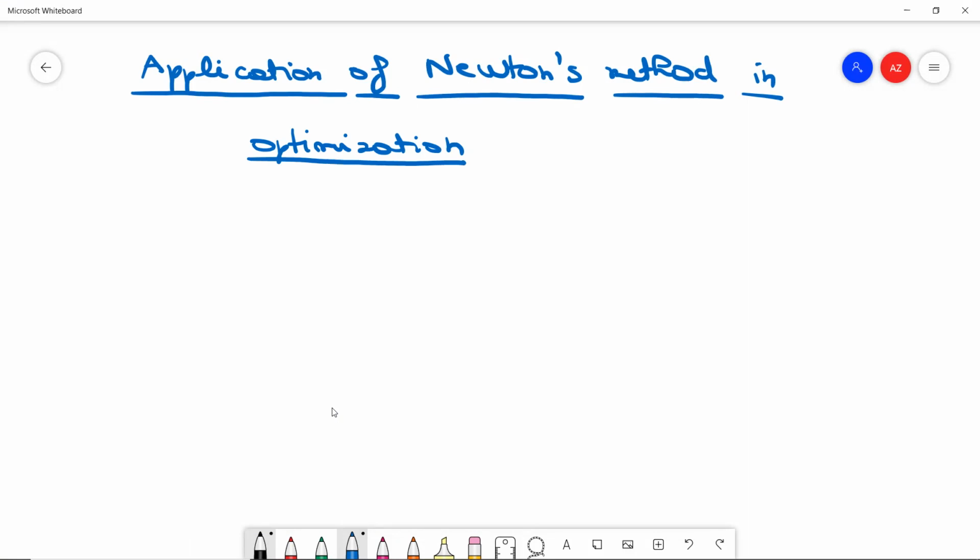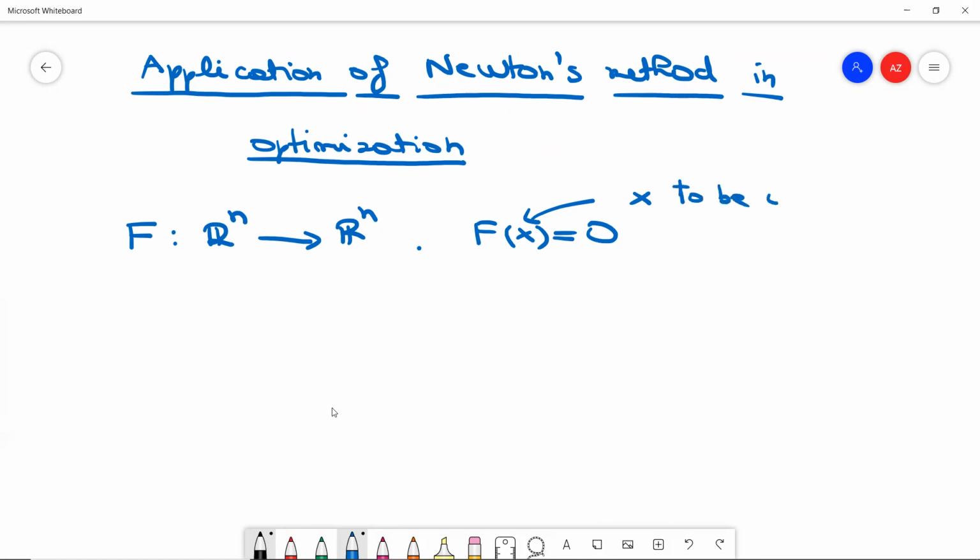So up to now we had a function f, which was a vector function mapping from R to the power of n into R to the power of n, and we were searching for its zeros. So f of x equals 0, and we were searching for x. But now in optimization, this method could be used in this way.